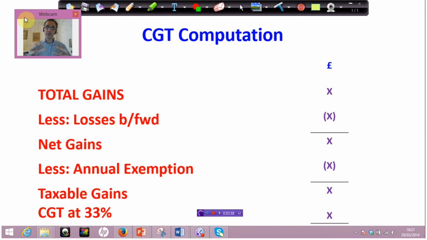We're going to lump them into our current year pot. Once we net them off, let's say that it's a positive, i.e. it's a gain, then we bring that figure up to our CGT comp. But do bear in mind that it may well be that the losses in the year are at this level and the gains are at this level. So in effect, we end up with a net loss for the year. So we don't actually tax that. We can't tax a loss.